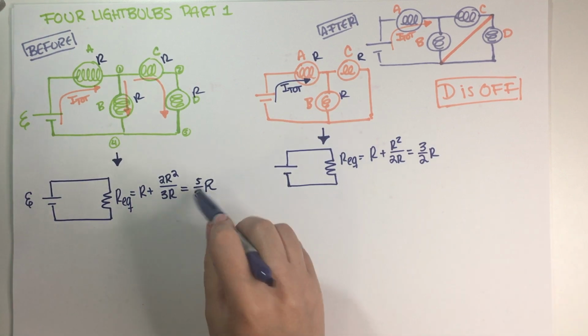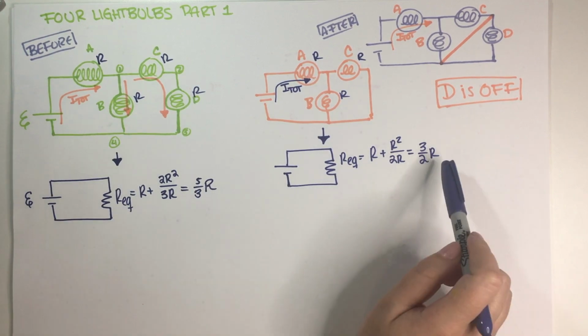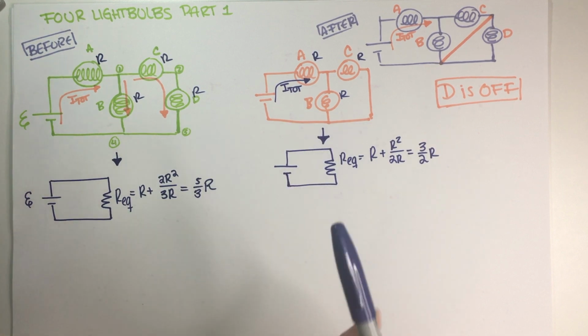So this is the equivalent resistance of this circuit, and this is the equivalent resistance of this circuit.